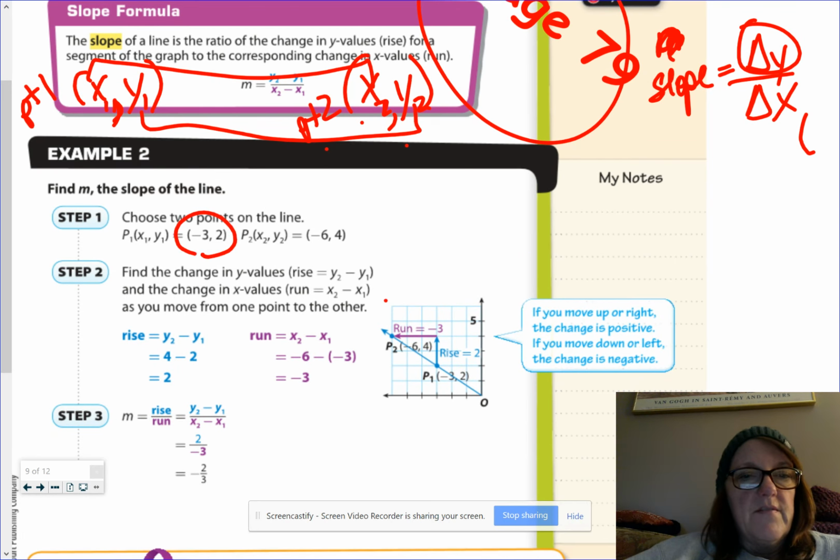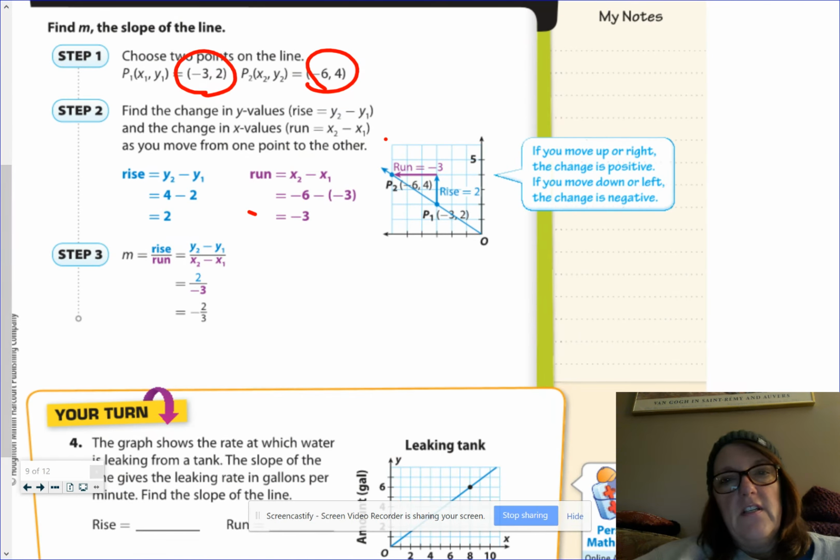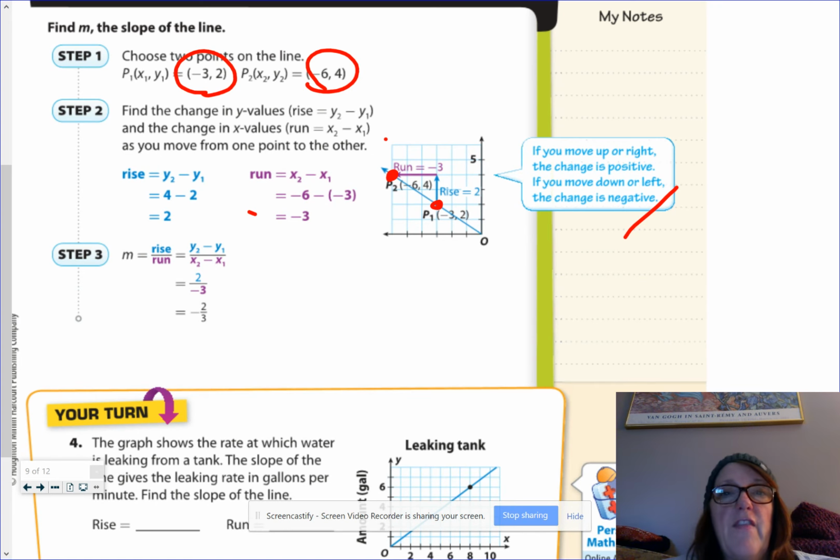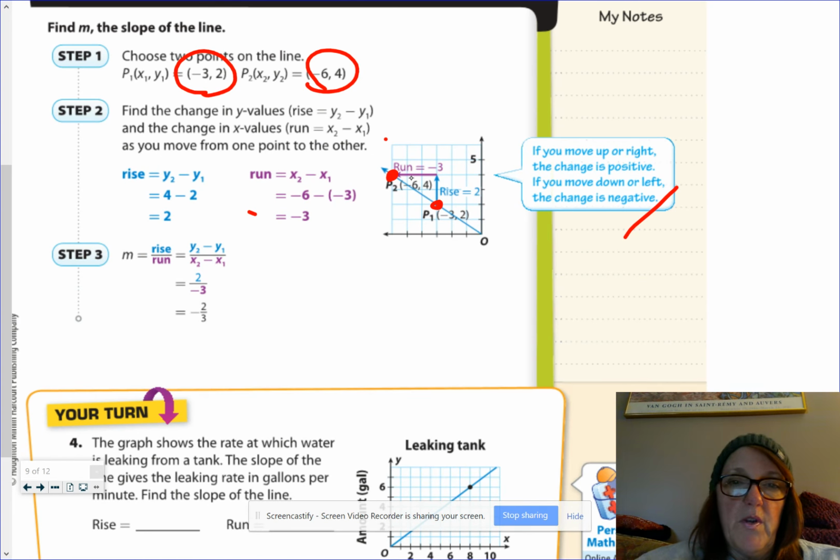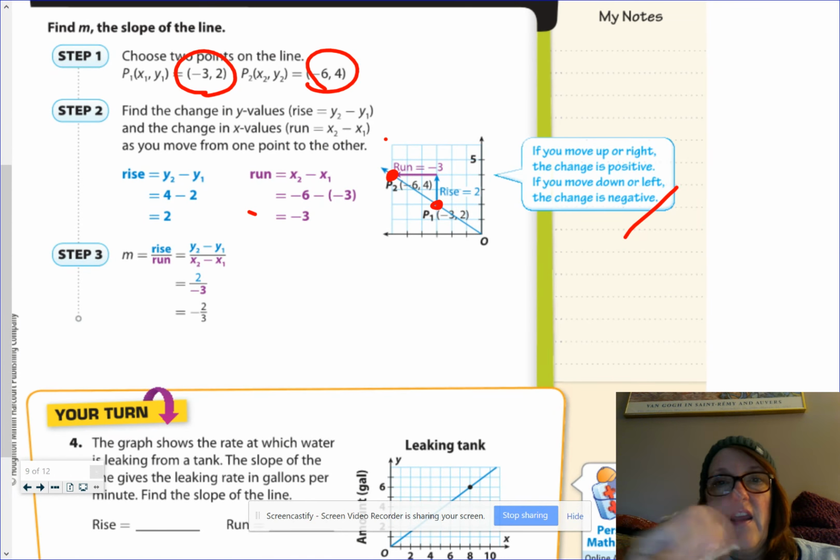Here's 2 points, -3, 2 and -6, 4, okay? If you went and graphed it, -3, 2 is right here, and -6, 4 is right there. The first thing I want you to notice is before you even start calculating, you're like, man, this thing's going downward. That means it's got to have a negative slope. Let's see how much.